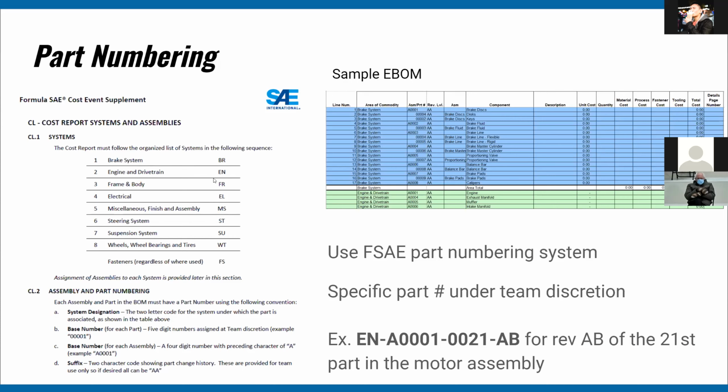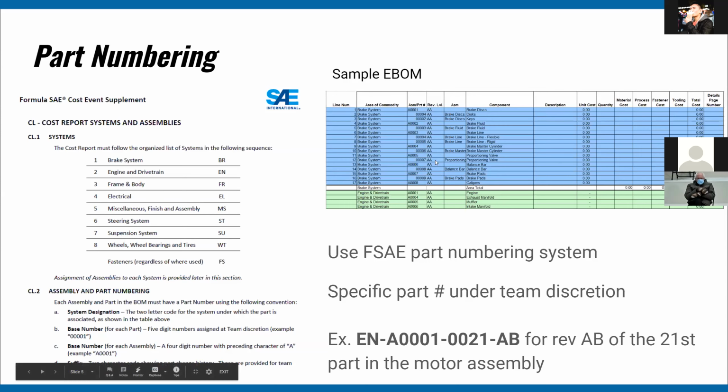This designates your subcategory or system, and then you have your base number for each part. Each individual part has a number like 0007, and then the base number for each assembly, which is like A006. So that's the sixth assembly, and the eighth part for the balance bar here.